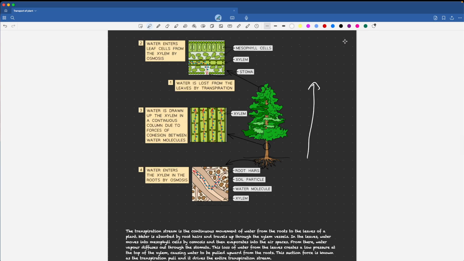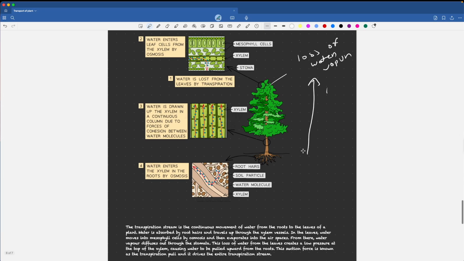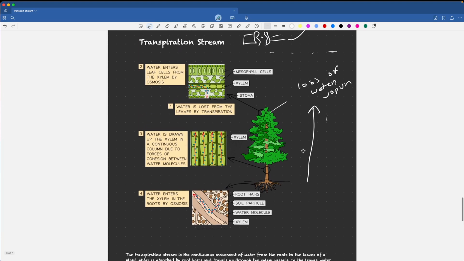This loss of water vapor creates a low pressure at the top of the xylem. The leaf also has xylem vessels. At the top of the xylem, there is lower pressure, causing a pull upward from the root.